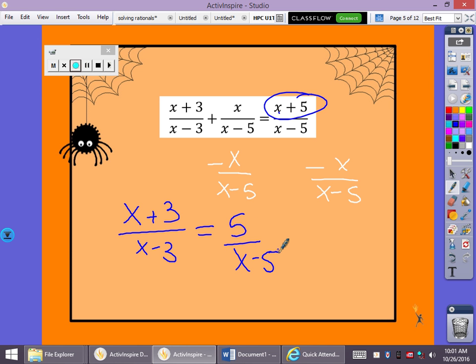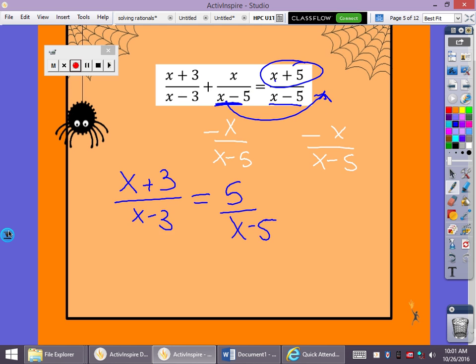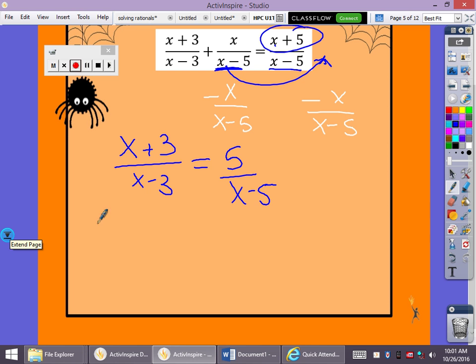Now I have fraction equals fraction. Those are the easiest type to solve. That's why I moved this guy over here, because I noticed that their denominators match. Okay? I cross multiply and I get x squared minus 2x minus 15 equals 5x minus 15.